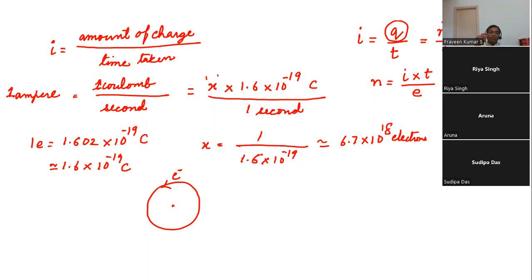N is 1. What about time t? In how much time is it completing? So for time t, you should calculate in how much time this electron completes one circle. That time you have to substitute here.